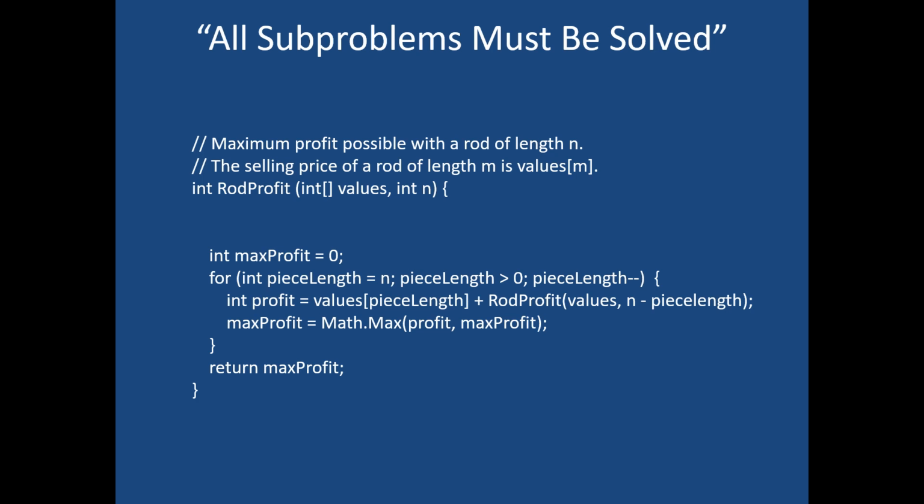That implies you've got to be careful of the order in which you compute things. You've got to make sure you don't try to compute the answer for a certain rod length before you've computed the answer for all shorter rod lengths, where you'd be looking up something in the table that's not there yet. With recursion, it doesn't matter, because if it's not there, you go and compute it.